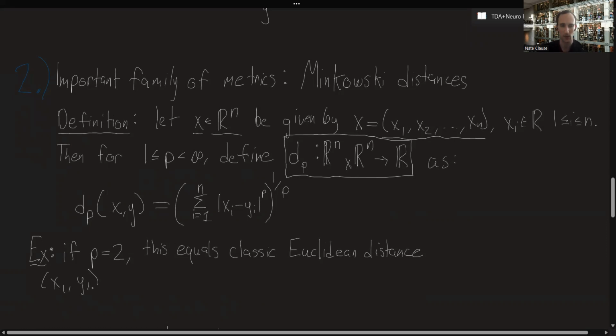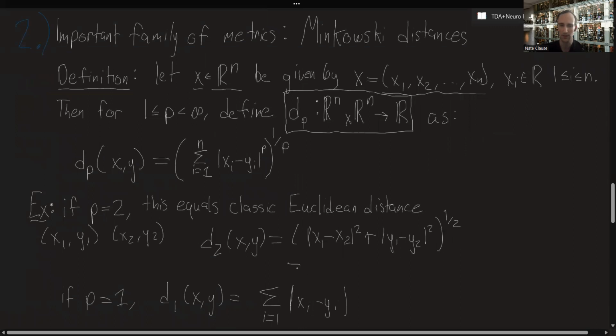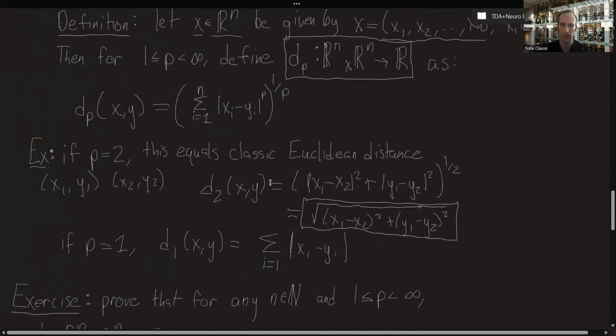If you have 2 points x1, y1, and x2, y2, and look at the distance formula given above for Minkowski distance with p equals 2, we would have d_2 of x comma y is the absolute value of x1 minus x2 quantity squared plus the absolute value of y1 minus y2 quantity squared, all raised to the 1/2, which equals the square root of x1 minus x2 squared plus y1 minus y2 quantity squared, which is the normal formula that most people have memorized for Euclidean distance between points in the plane.